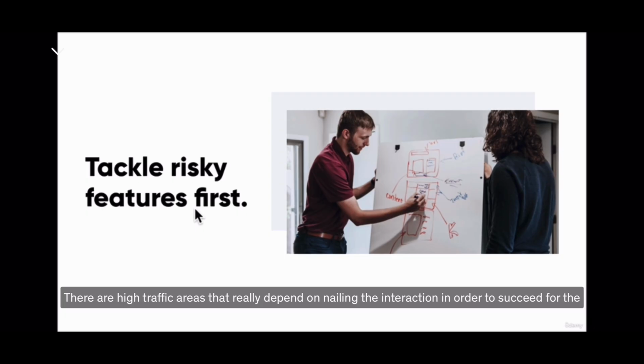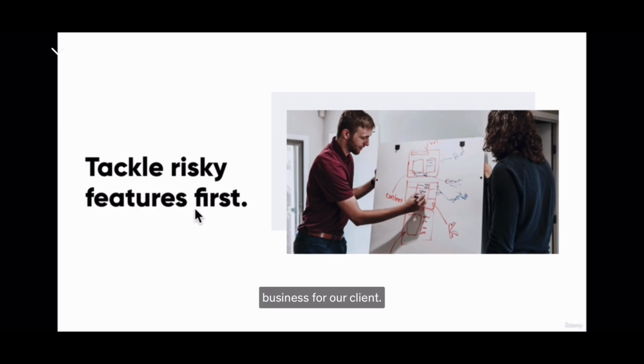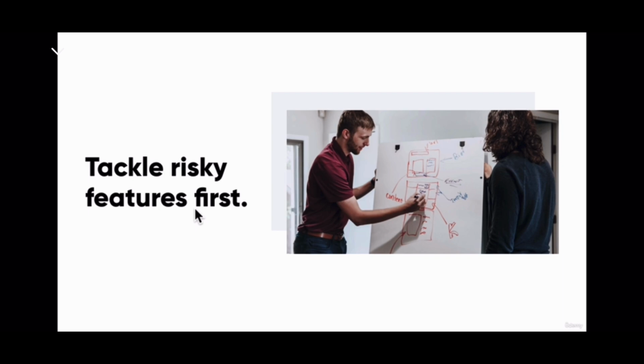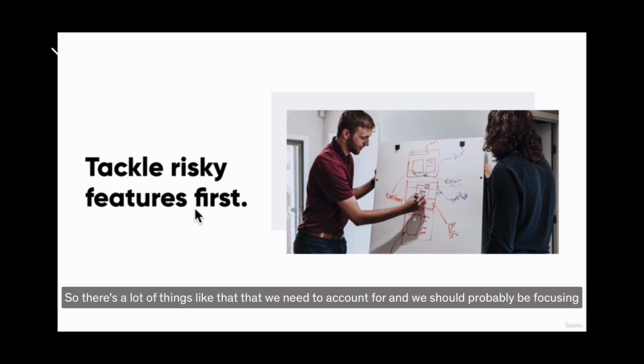Like risk. There are high traffic areas that really depend on nailing the interaction in order to succeed for the business, for our client. If we release a search that just doesn't work or the interaction is way too complex, the product essentially will fail.